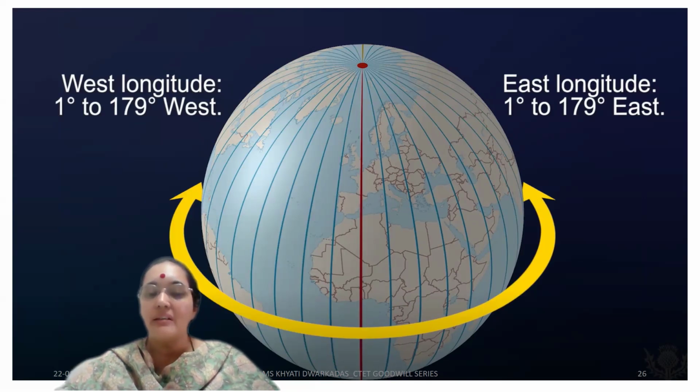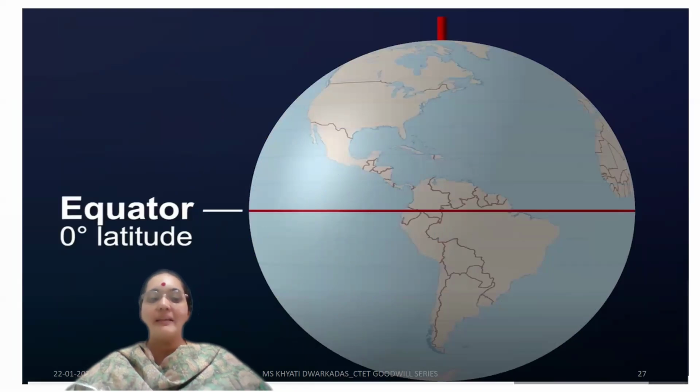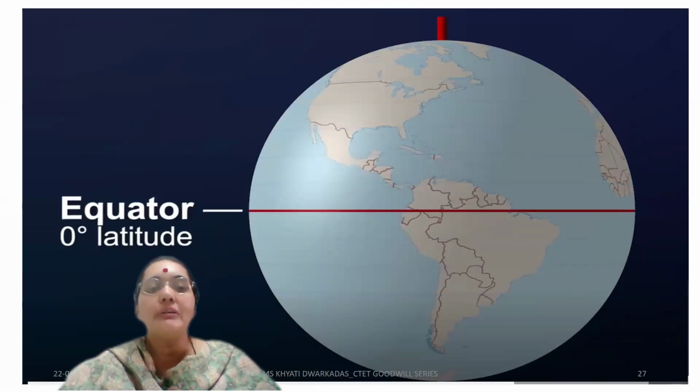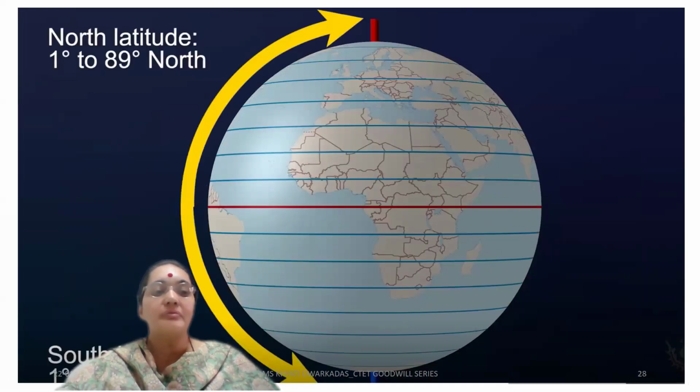And prime meridian is the 0 degrees longitude. Equator is a 0 degree latitude. You move 1 to 89 degrees north and 1 to 89 degrees south. And 0 degrees is the extra line. 90 degrees north and south are just dots.